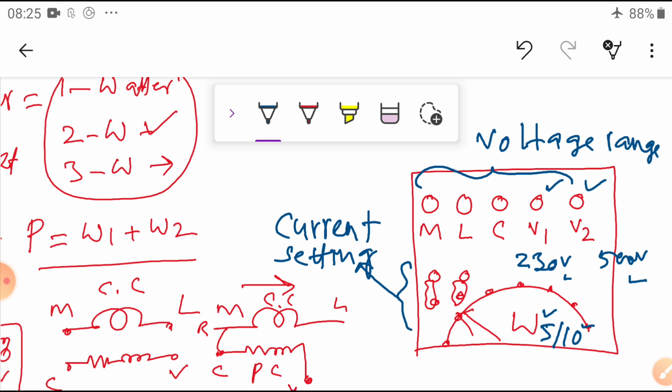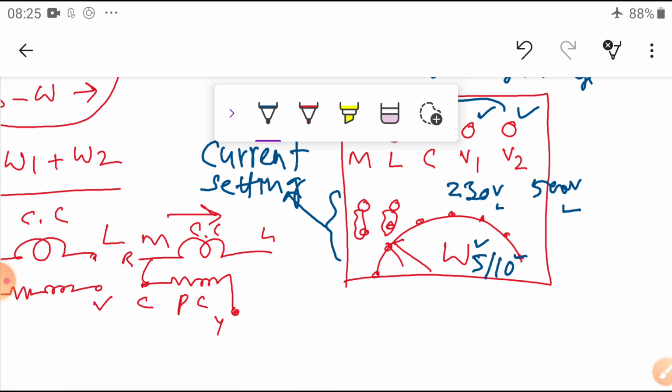In this way I can set the current range also. So how are we going to connect it? You can observe here there are two clips, and the clips are adjustably connected.